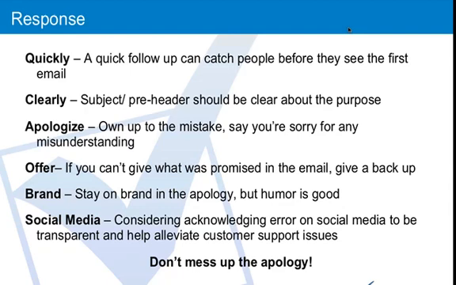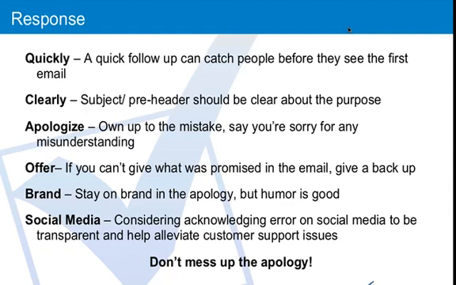That they say something like correction or oops or we apologize, something like that so that your recipients know that this is a specific one-off email that they're getting and it has to do with something that you had sent previously. Apologize, let them know what the error was. If it's a technical thing or if it's a slip of the finger on your keyboard and you type the wrong thing, you can let them know what happened and then just make sure they understand it was just an error.